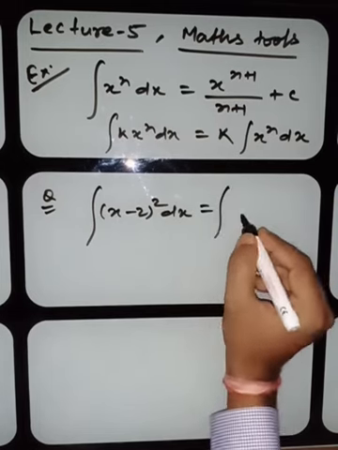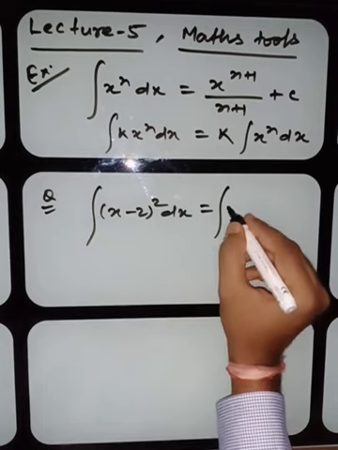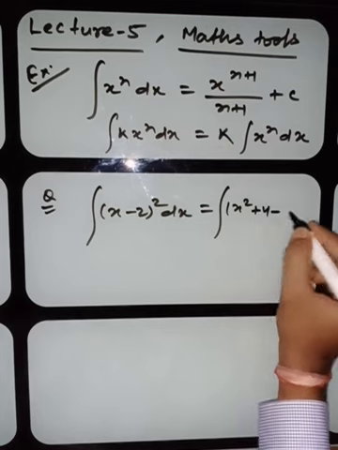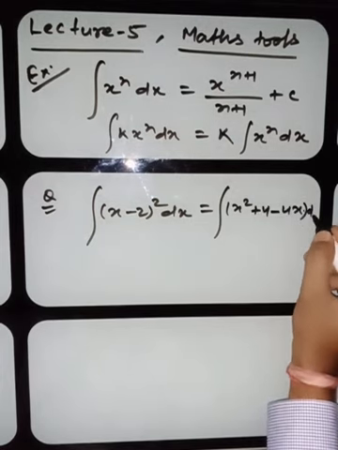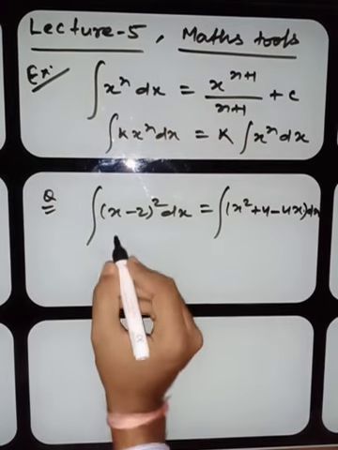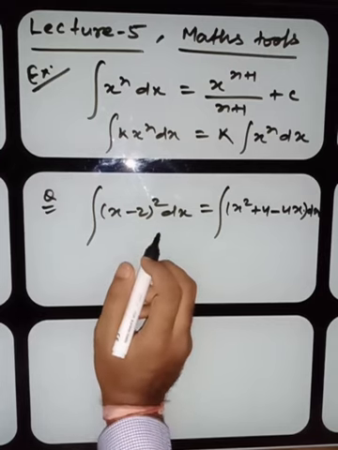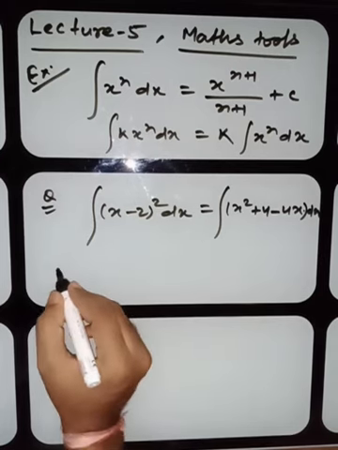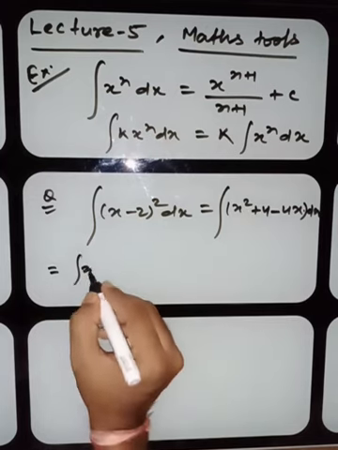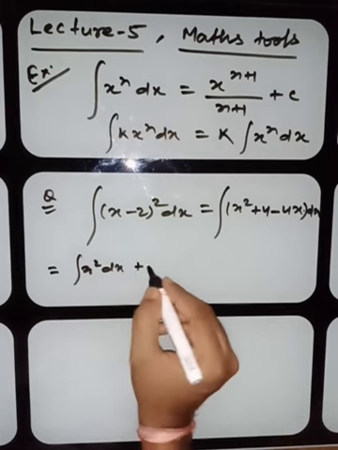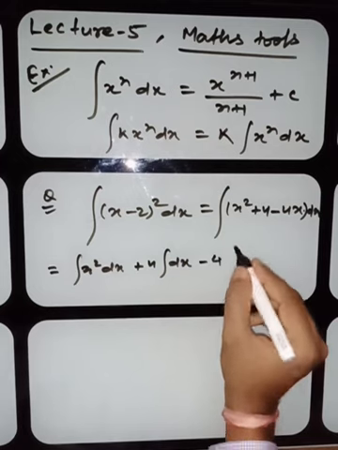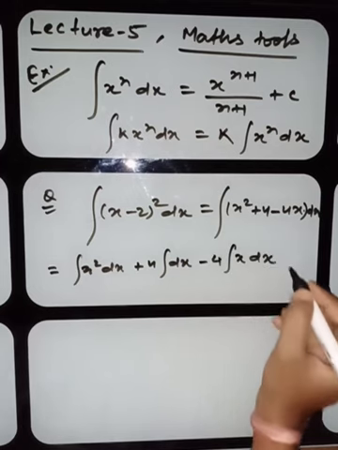First, you have to break this as x square plus 4 minus 4x dx, using the a minus b whole square formula. Now, according to the rule, you have to integrate all the functions one by one. So you will write integral of x square dx plus 4, the constant taken out, dx minus 4, the constant again taken out, x dx.